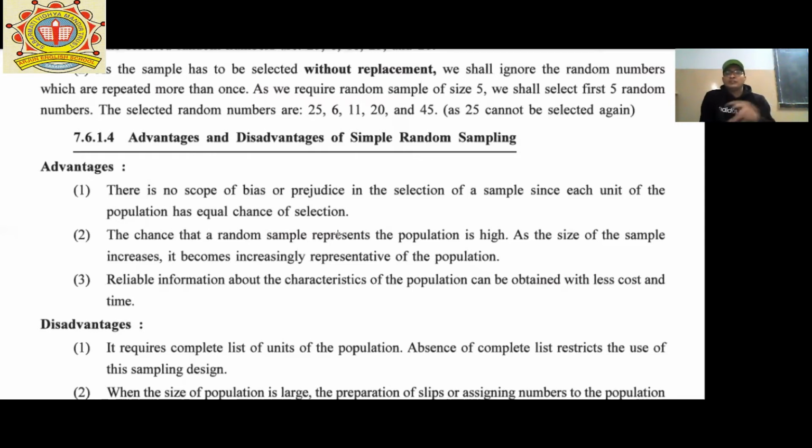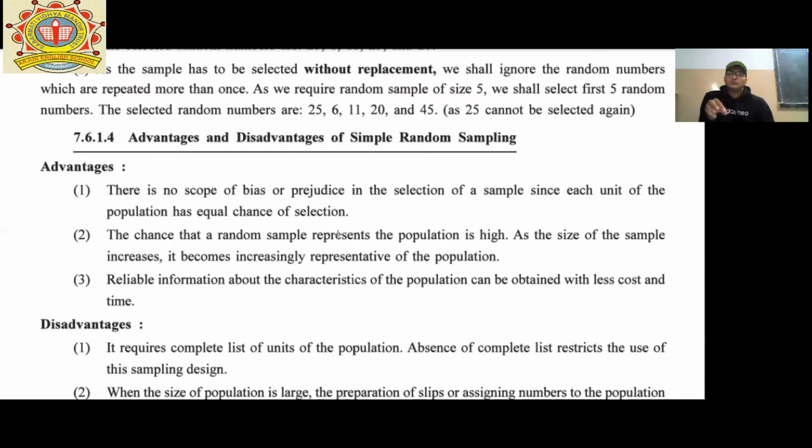All the units have an equal chance. Second point, the chance that a random sample represents the population is high. As the size of the sample increases, it becomes increasingly representative of the population.